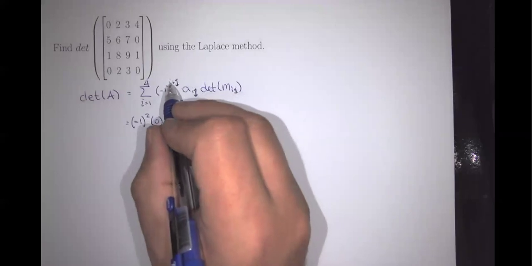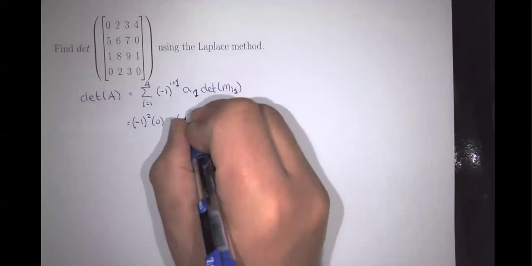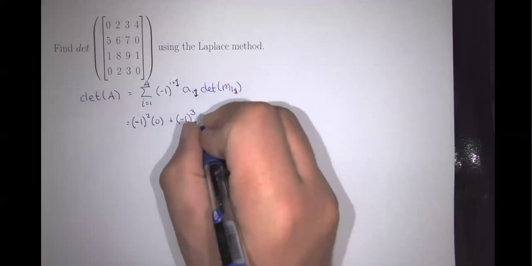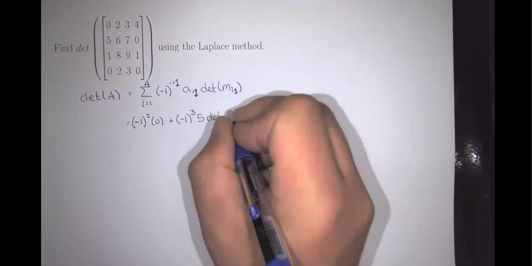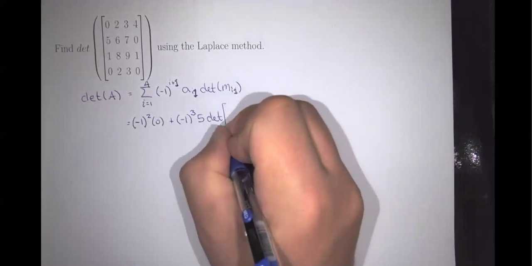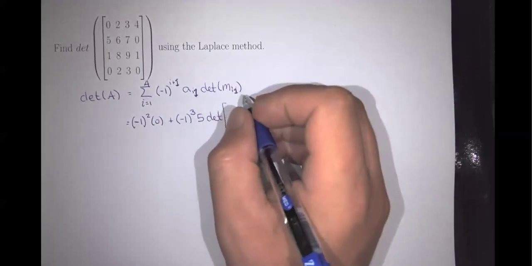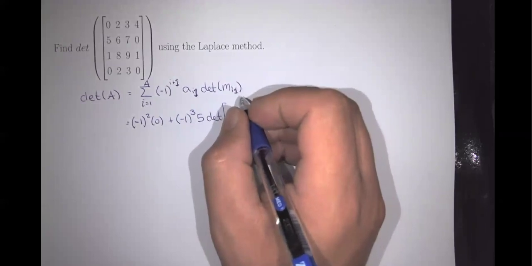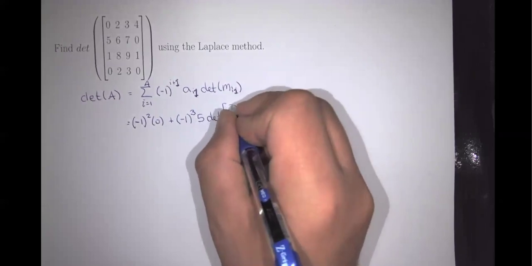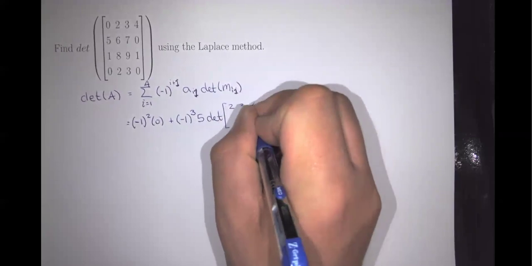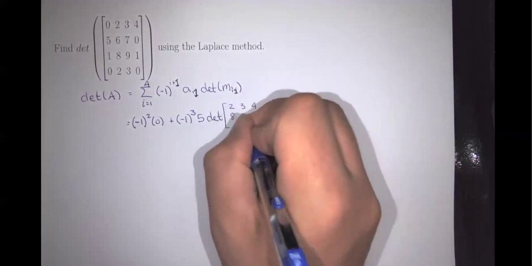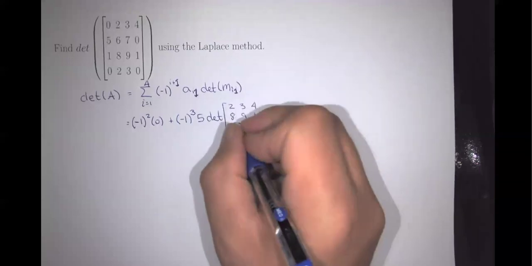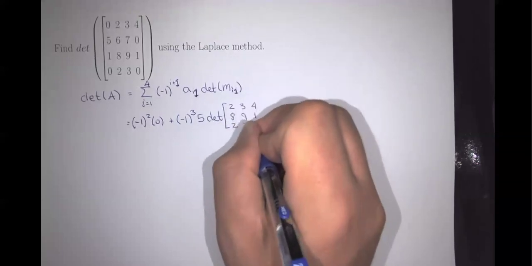So my i is going to be 2 plus 1, here is 3, times 5 times the determinant of the matrix we get from removing row 2, column 1. So 2, 3, 4, 8, 9, 1, 2, 3, 0.